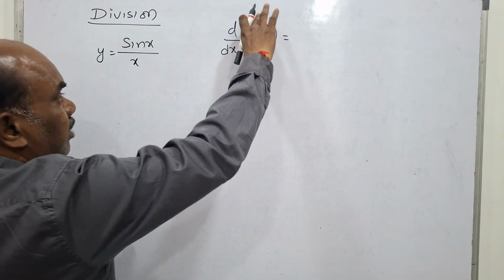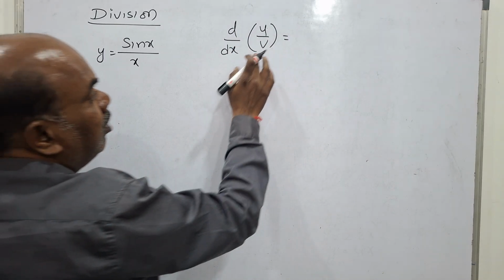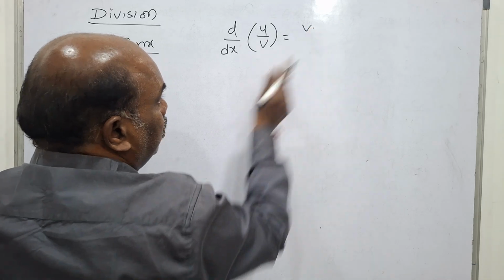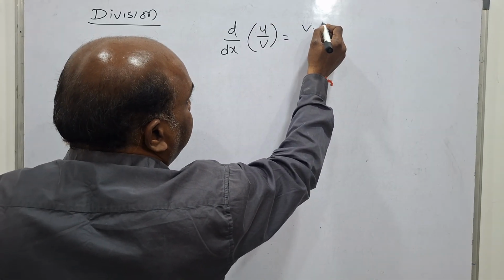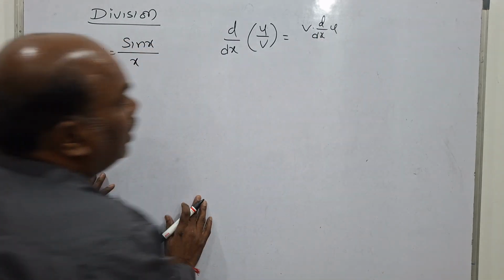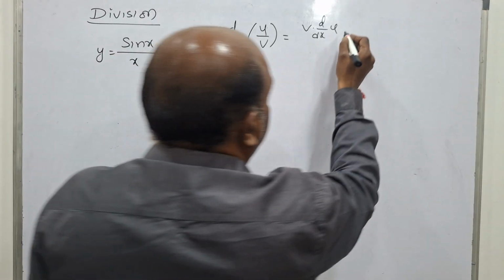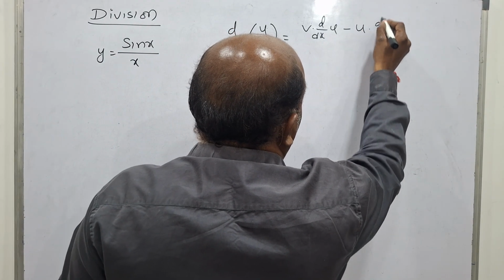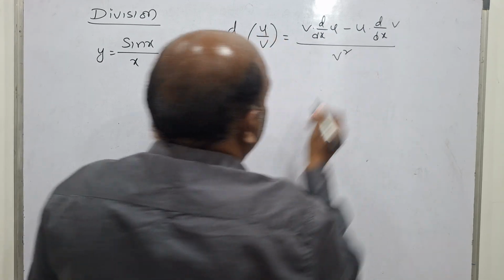Whenever you need to differentiate a function in the form of p by q, first write the denominator into the differentiation of the numerator, d by dx of u, minus numerator into differentiation of the denominator, all by denominator square.